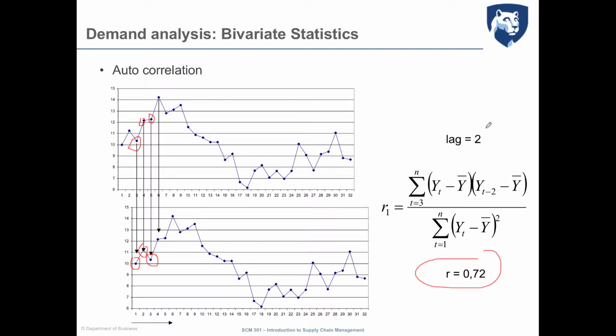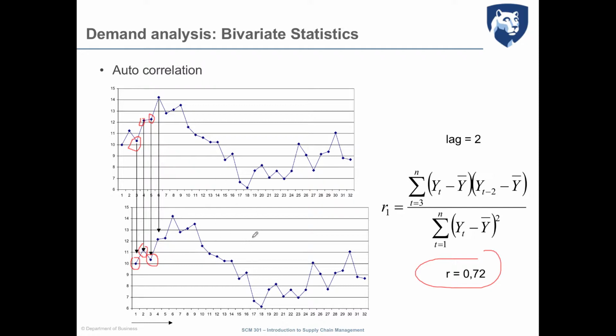When you find a correlation at lag equals 4 or lag equals 6 and you find a strong correlation coefficient, this means that this is the cycle of the demand. So if you find that lag equals 7 gives you a strong correlation, it means that each observation is correlated with the one six periods before it.